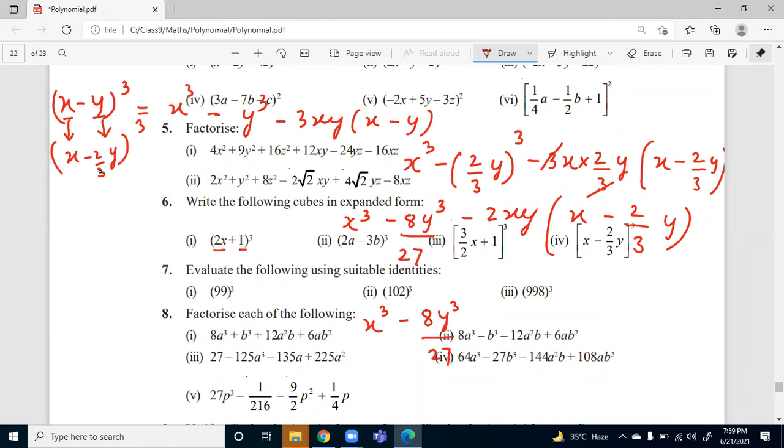And if you multiply this minus 2xy with x, then it is minus 2x square y, and minus is plus, plus 4 by 3 x y square. So see, if you know the identity, you just have to substitute the value and you get the answer. So it is very easy. Yes, ma'am.